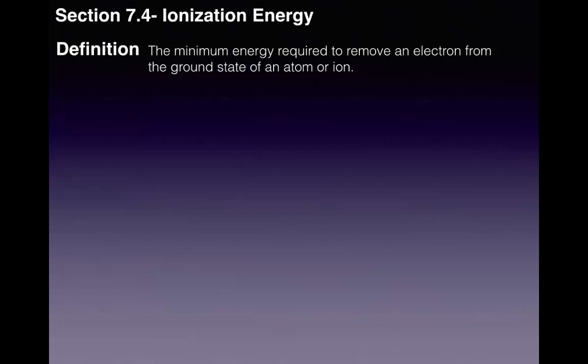But ionization energies are positive because energy must be put into the system in order for an electron to be removed. If it requires more energy, it's going to be a larger positive number, while if it has a smaller ionization energy, it's still going to be positive, but a much smaller number.